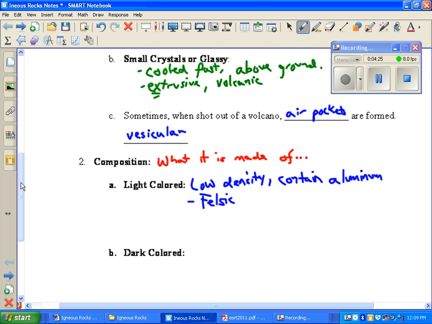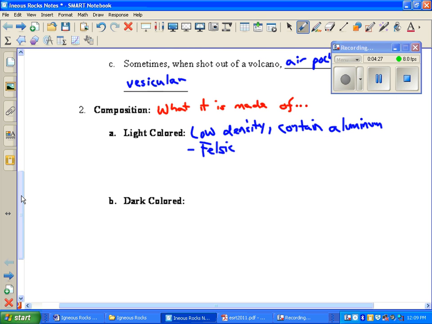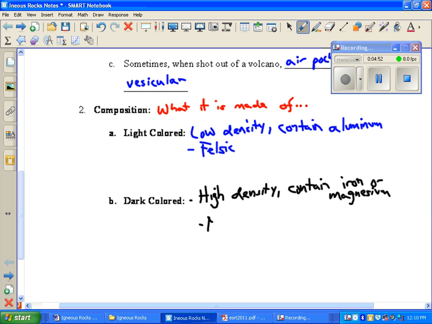Or it could be dark colored. If it's dark colored, we know it's most likely going to be high density. It's going to contain iron or magnesium. And we call that type of rock mafic, M-A-F-I-C.